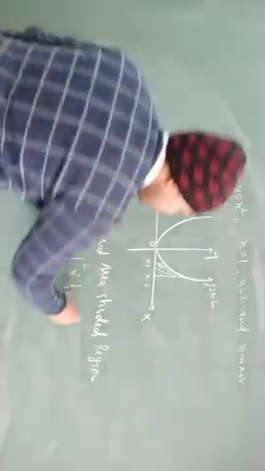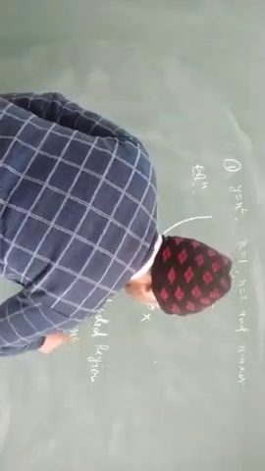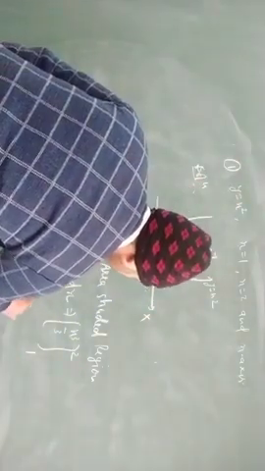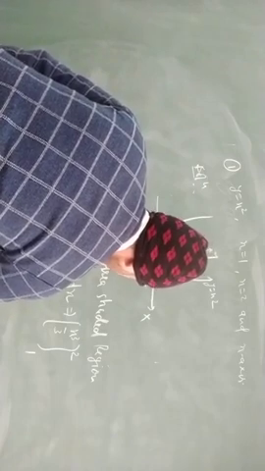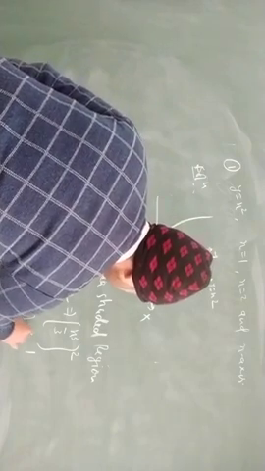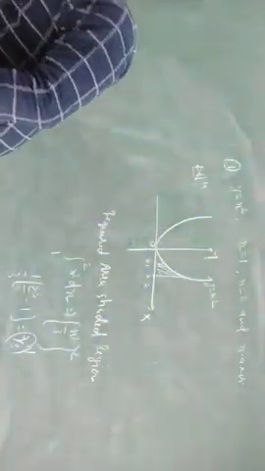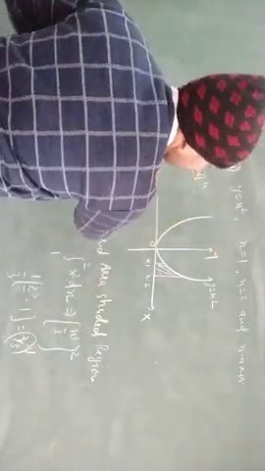So this can be written as x cubed by 3. So 2 cubed by 3 minus 1 by 3, 7 by 3 is the right answer. So similarly you can solve question 2 also.